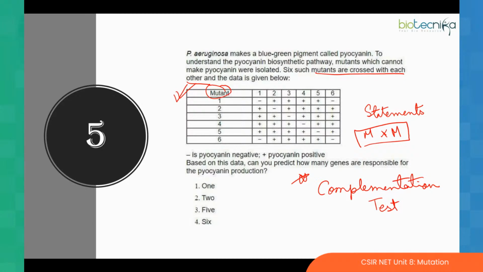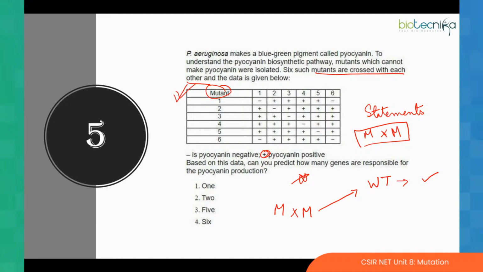Now, in a complementation test, how do we analyze? Mutant crossed with mutant, then we check the result. If we cross mutant with mutant and the F1 is wild type, it means complementation happened. Complementation happening will be shown by positive, because positive shows pyocyanin production.